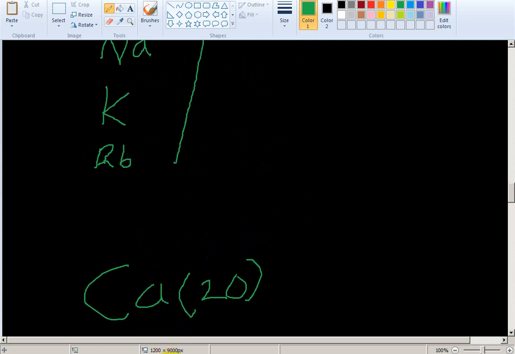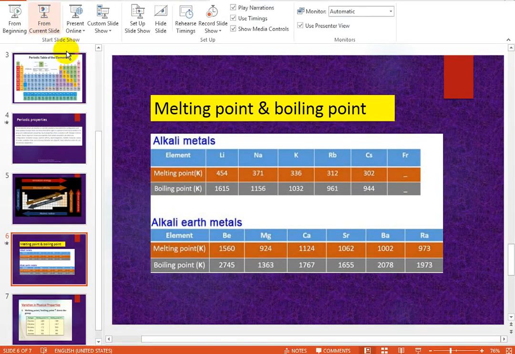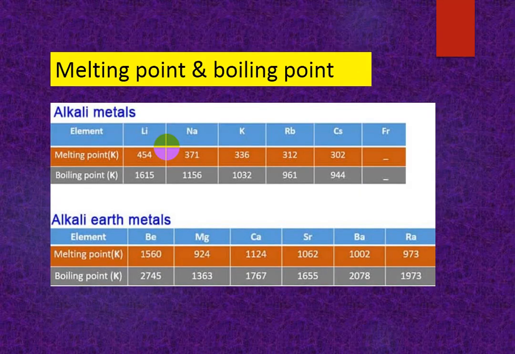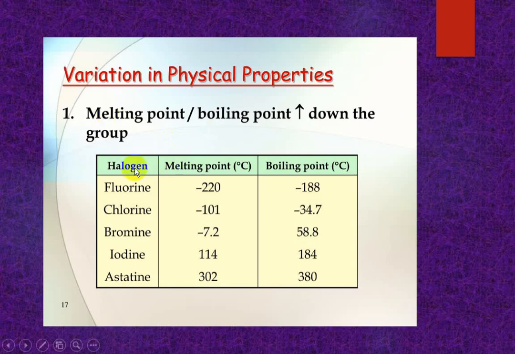Okay, look at some elements here. This is group 17. Look, here it is vice versa. Melting point and boiling point increase down the group. This is reversed for group 17.